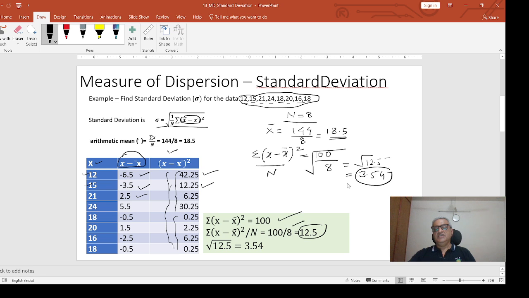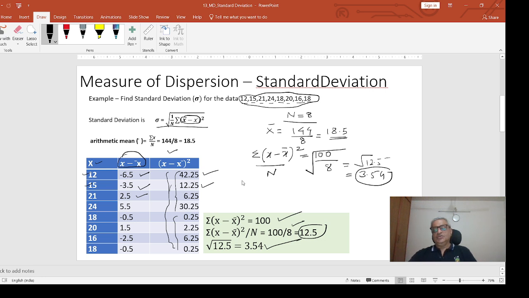So my standard deviation is 3.54. I hope you understood what we have done. This is nothing but the square root of the arithmetic mean of the square of difference between each observation and its mean, and that's standard deviation.